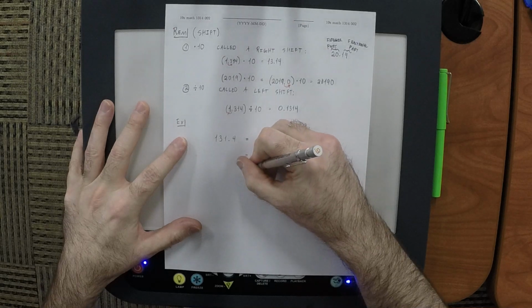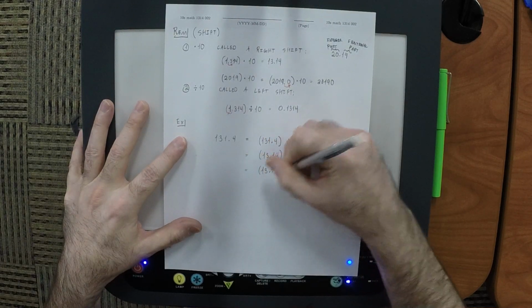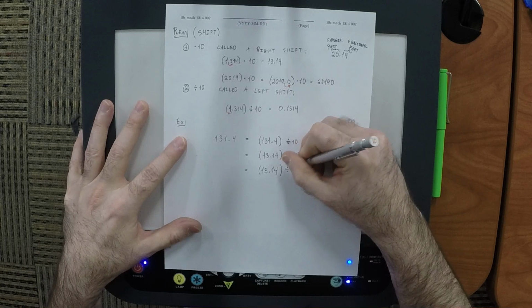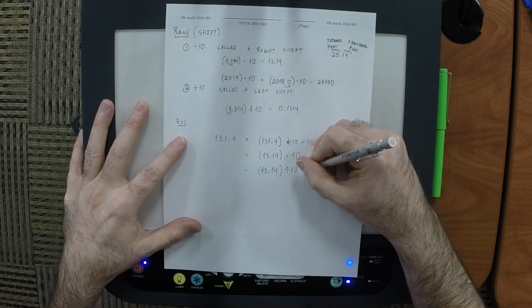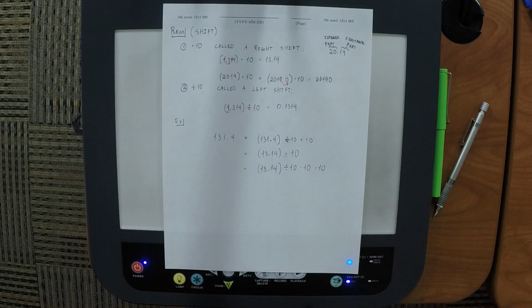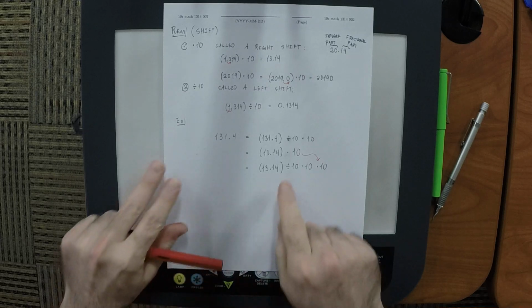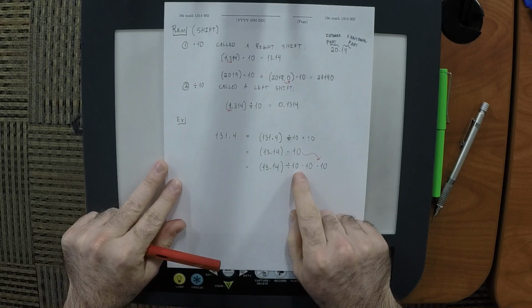So if the trick worked once, it'll work again. So 13.14. And then I'll say divide by 10, and then I've got to undo that, multiply by 10, and I have to not forget that other multiply 10 that already was there. So again, this is a fancy way to say nothing.